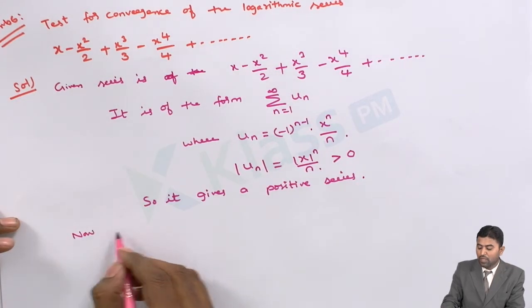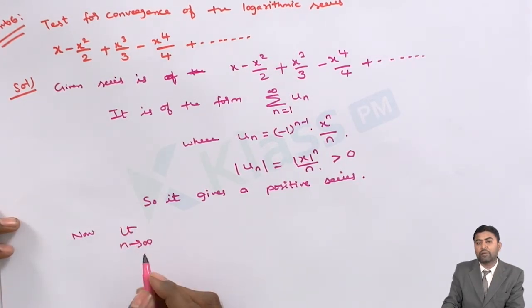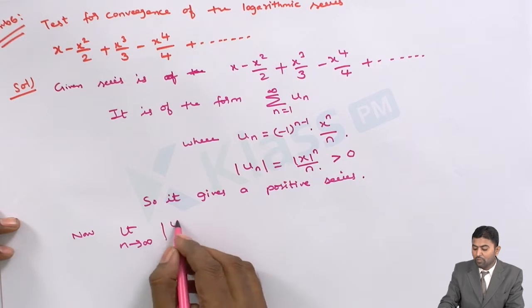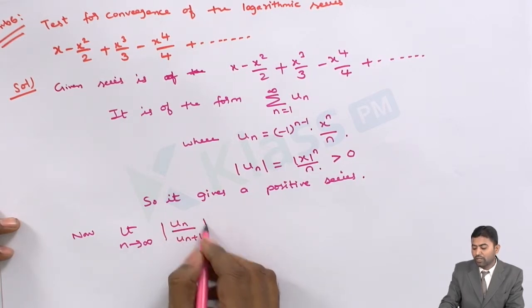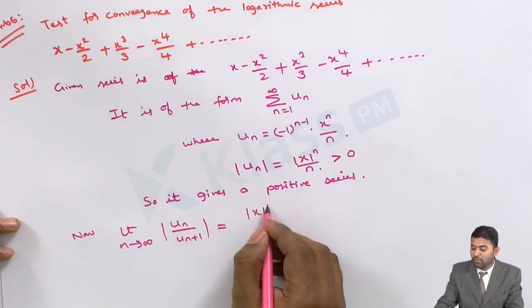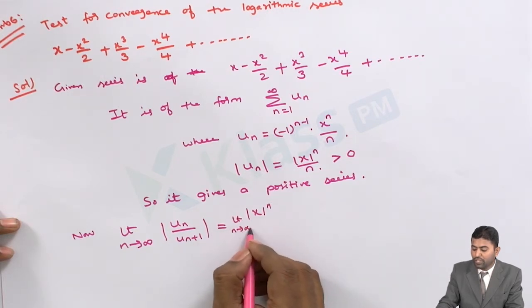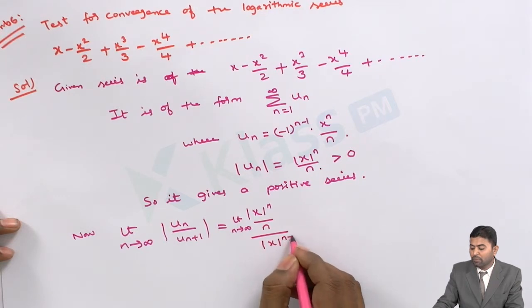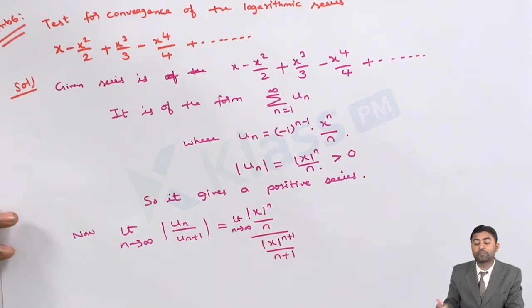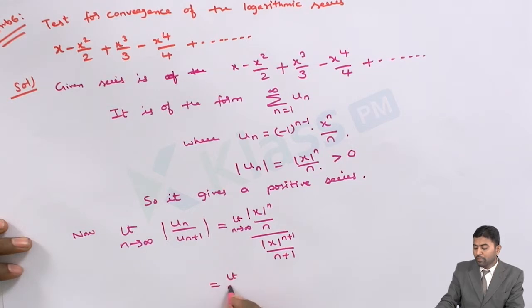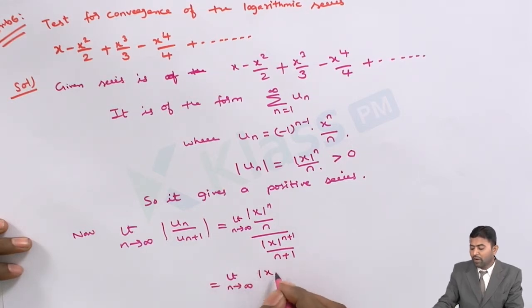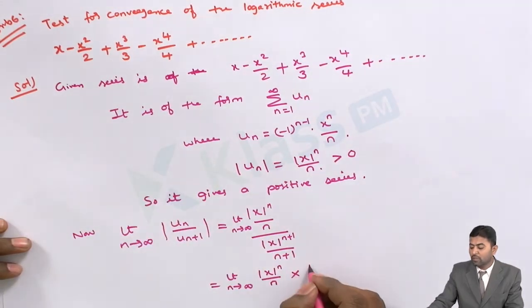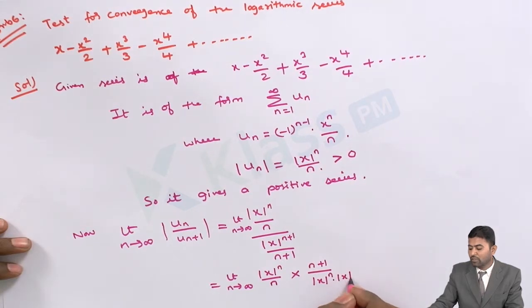As it gives a positive series, we can make use of the positive series test. Now limit n tends to infinity, again I am using D'Alembert's ratio test. |un| by |un plus 1| is equal to limit n tends to infinity, |x|^n by n divided by |x|^(n plus 1) by n plus 1. So which is equal to limit n tends to infinity |x|^n by n into, reverse it, so that becomes n plus 1 by |x|^n into |x|.